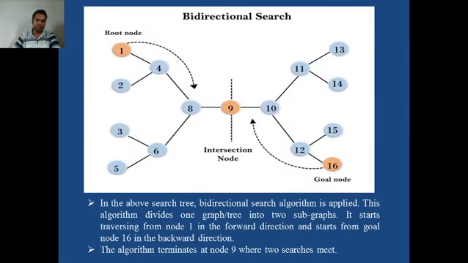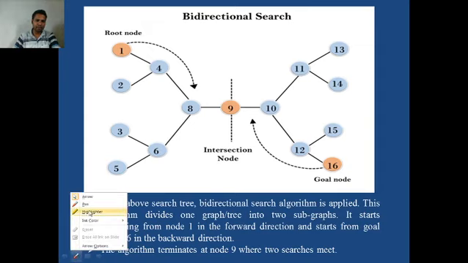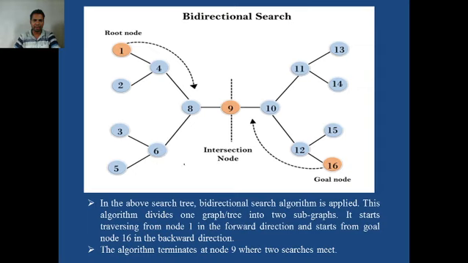Now let us take an example of a search problem, and the corresponding search tree is like this. Suppose the root node is 1 and the goal node is 16. As per the fundamentals of bidirectional search, the forward search starts from the root node and the backward search starts from the goal node.